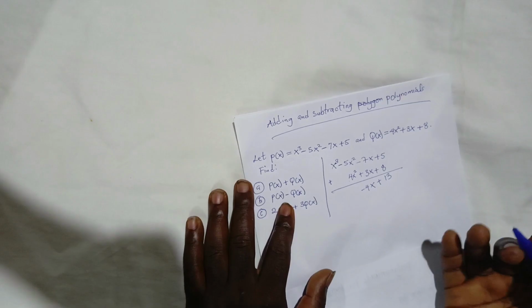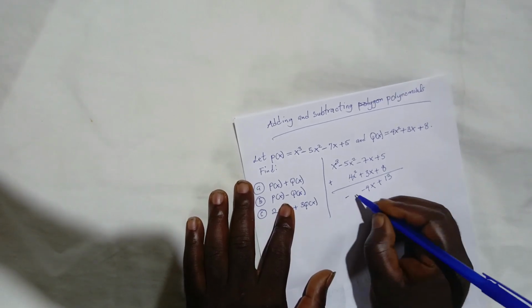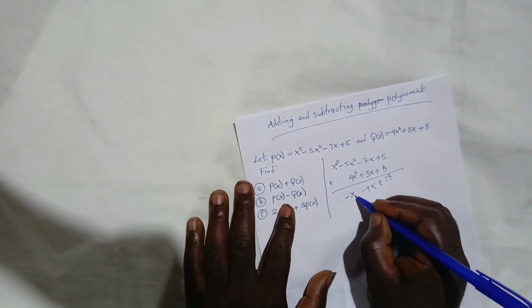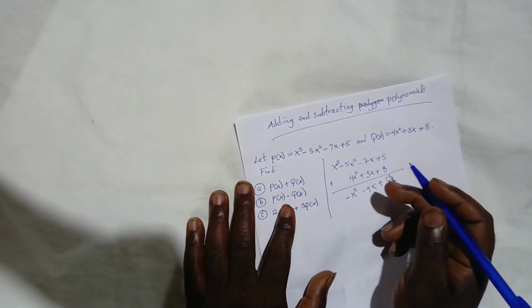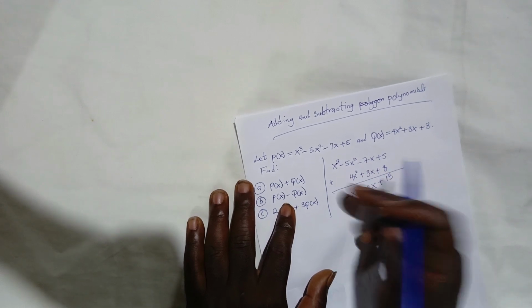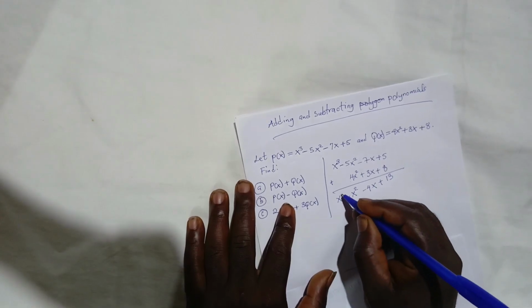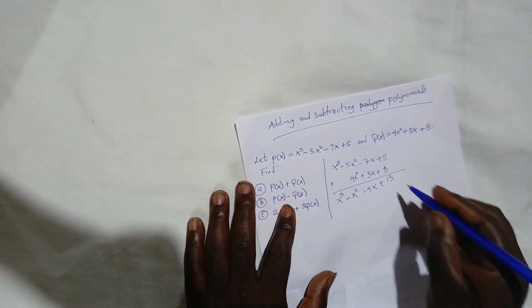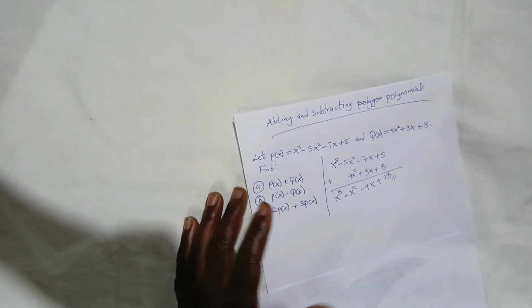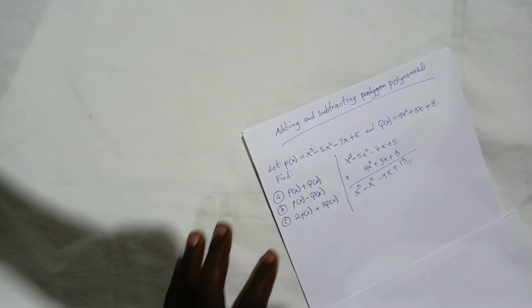So 1x squared is just x squared, with a minus. Don't forget the power. There's no term here with power 3, so we're just going to bring this term down to be x raised to the third power. So this can just be your answer. Very simple.